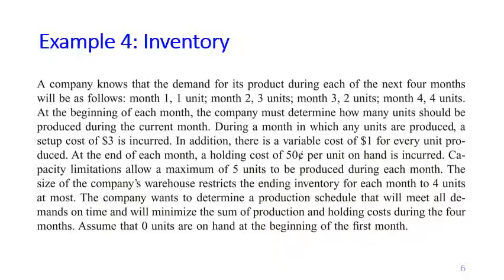So here's the problem. We know at the beginning the demand for the product during each of the next 4 months as follows. Month 1, 1 unit, month 2, 3 units, month 3, 2 units, and finally month 4, 4 units. And we are going to break this problem into months, so month becomes the stage.